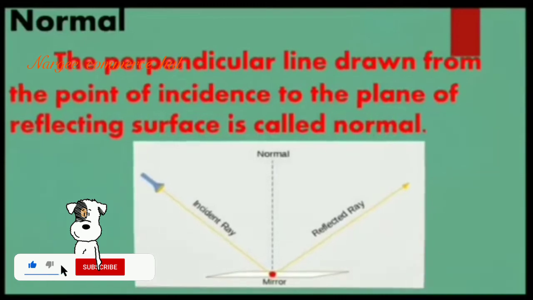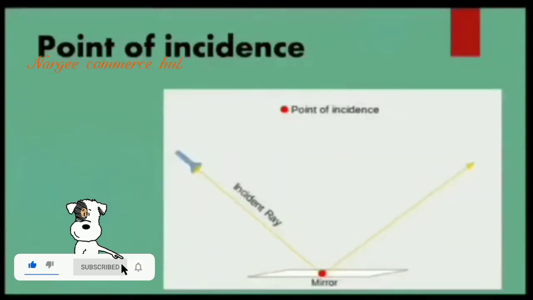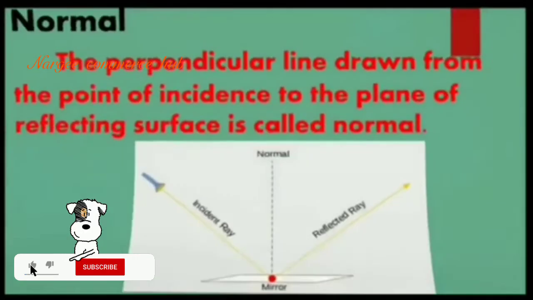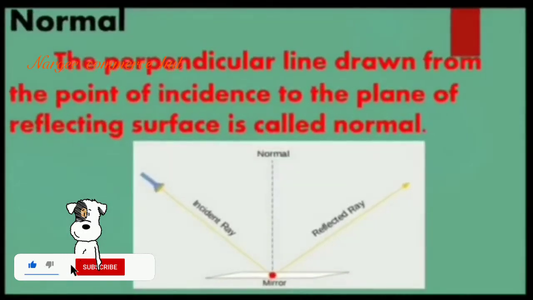The perpendicular line drawn from the point of incidence to the plane of the reflecting surface is called normal. It is drawn from the point of incidence.